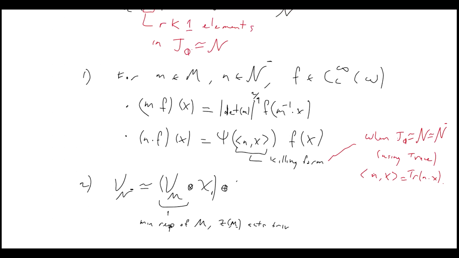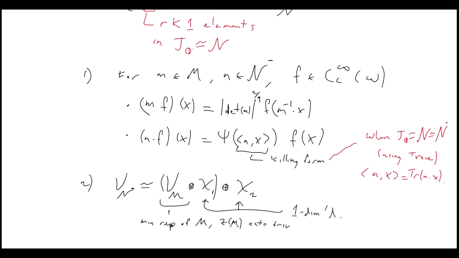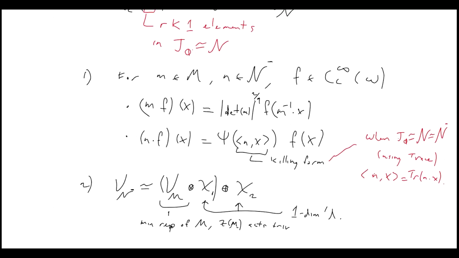And then there's also a one-dimensional space, some other character chi2. These are characters. All right. Pause for a moment. Any questions?